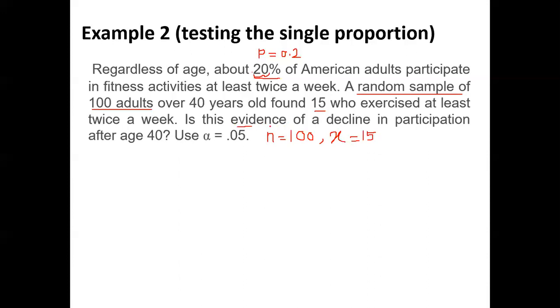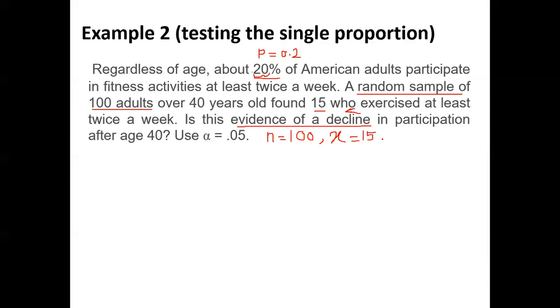It states evidence of a decline. So when there is a decline, it must be less than 20%, or 0.2. Less than.